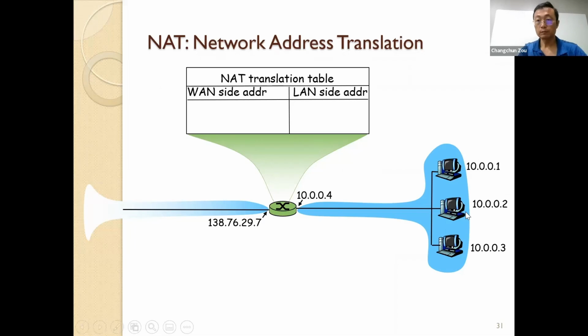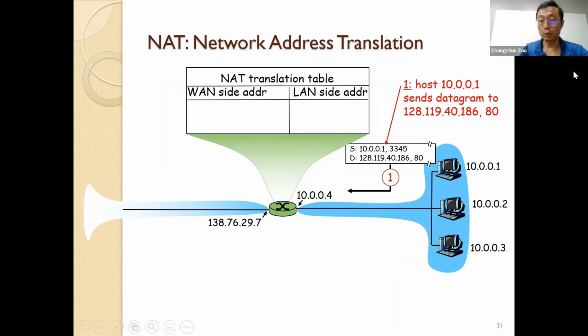Suppose your computer sends a web request to port 80. You send a TCP SYN packet, a SYN request, to an outside server. The outside server has this IP address, your computer has this private IP address, and this is the source port and this is the destination port.